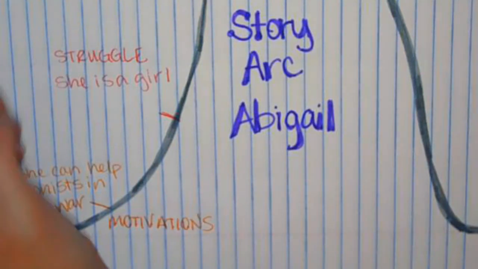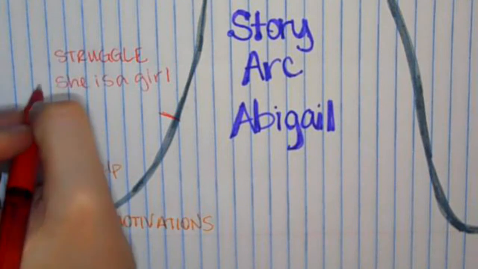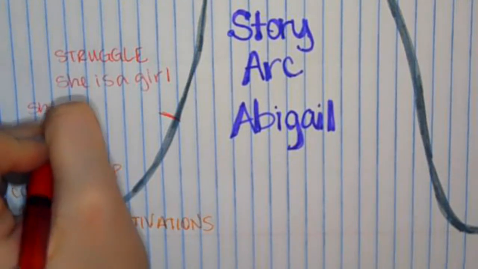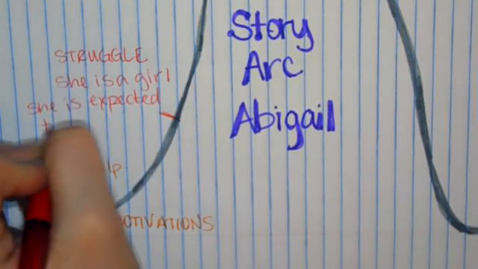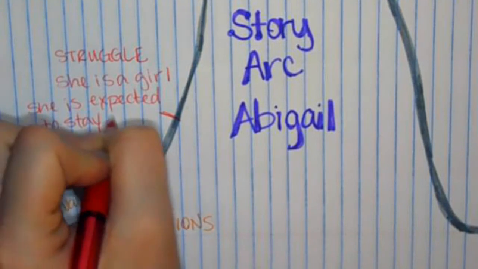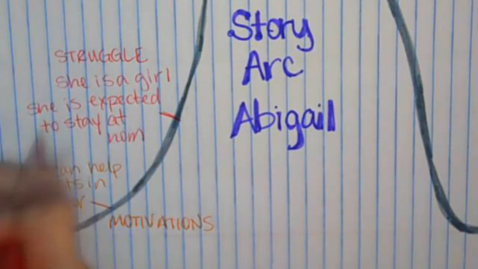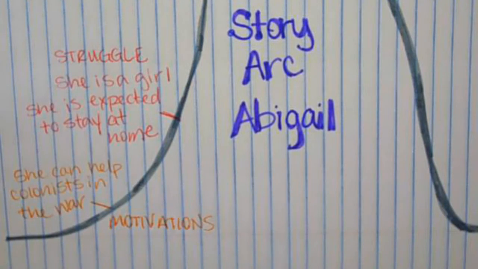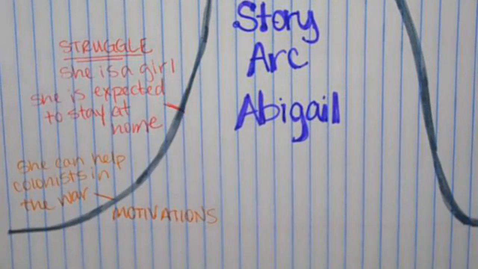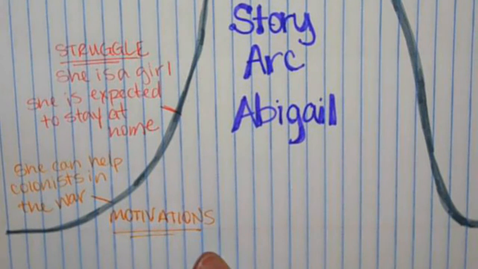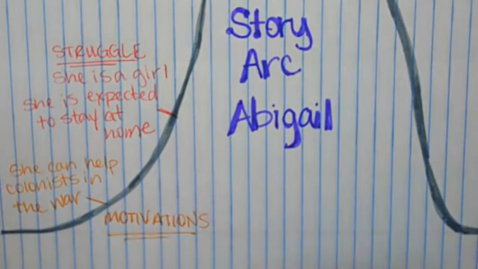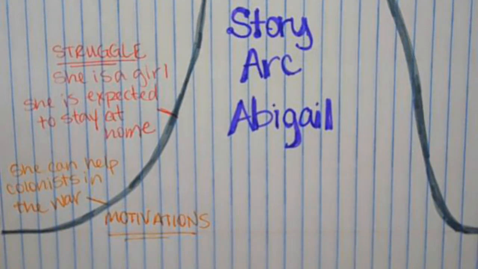So she is a girl and she is expected to stay at home. So now that I have found my motivation and my struggle, I'm going to have to start listing some attempts that Abigail is going to make to help solve this problem or overcome this struggle. So remember, we have the magic of three, so we are going to have three different attempts.